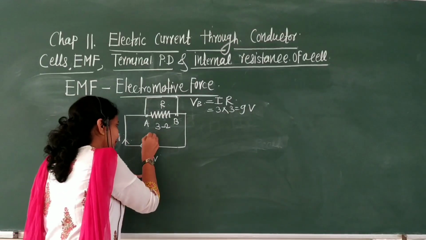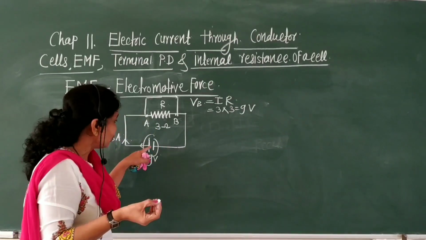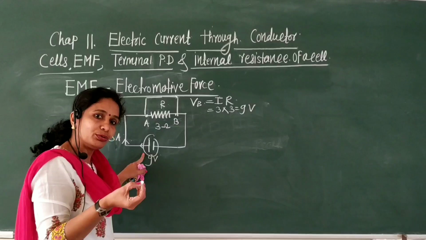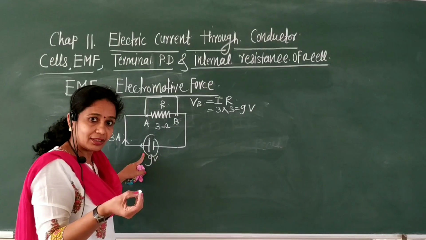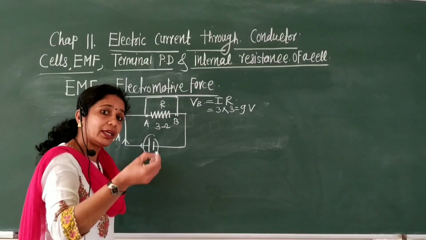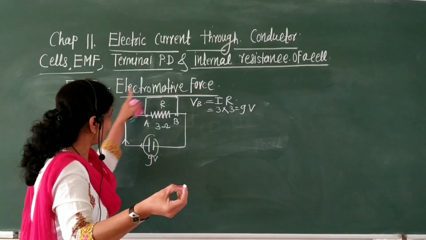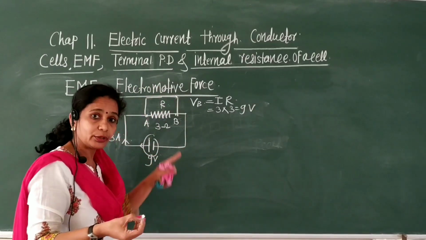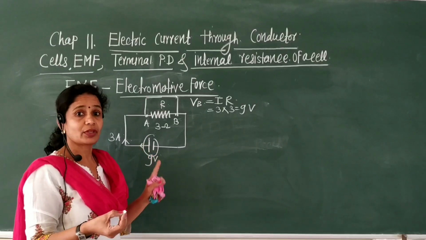Then again this battery, which is of 9 volt, gives the energy to the charge, and therefore the charge will be in motion. Therefore electrons are moving in the circuit and the current flows through the circuit.